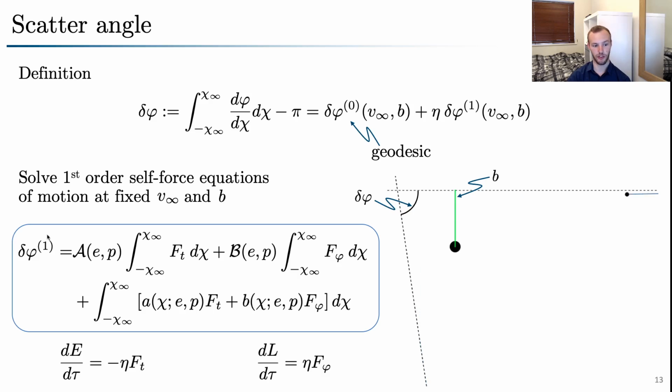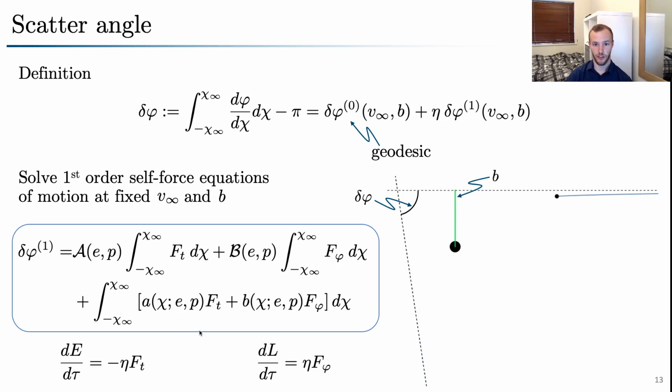Now if we have a look at the form of the equation for the correction, we have here these a's and b's which just depend on the parameters of the orbit. We then have this F_t and F_phi, which are self-force components. Now these come from the fact that the motion is no longer geodesic, so these are related to the proper time derivatives of the energy and the angular momentum of the orbit.